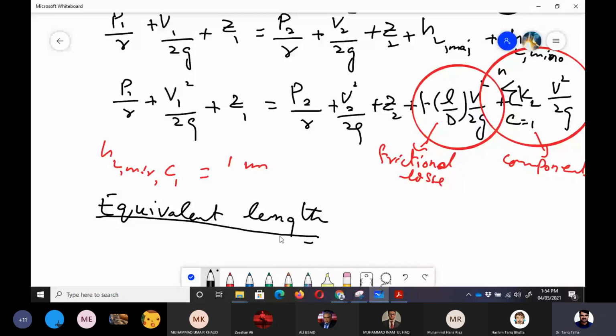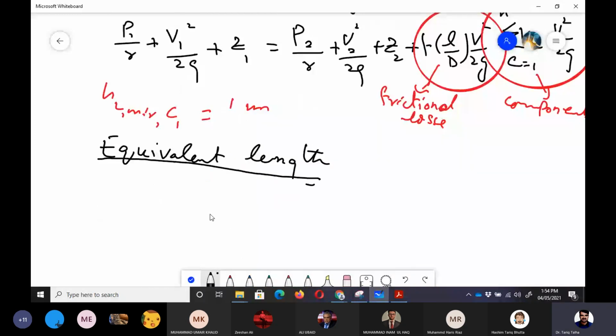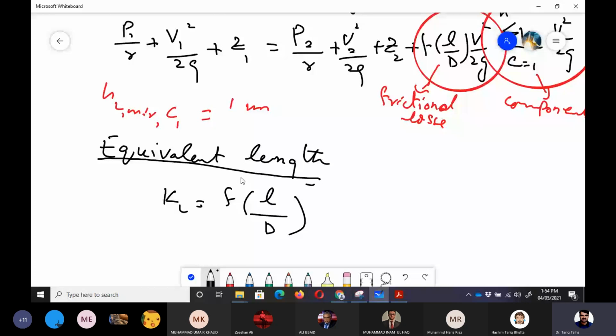So as I mentioned earlier, KL was equal to F into L upon D. So that can only be written when HL major is equal to HL minor.